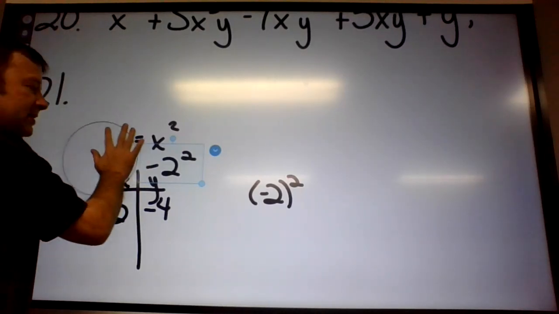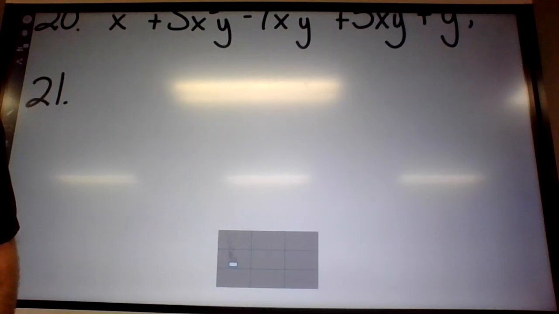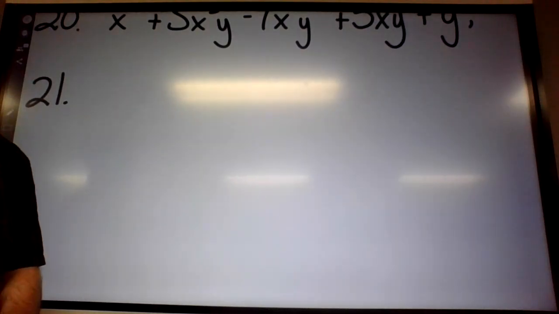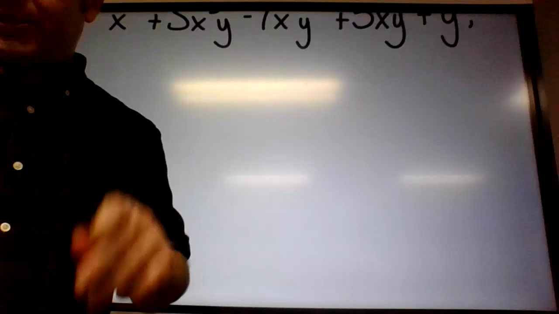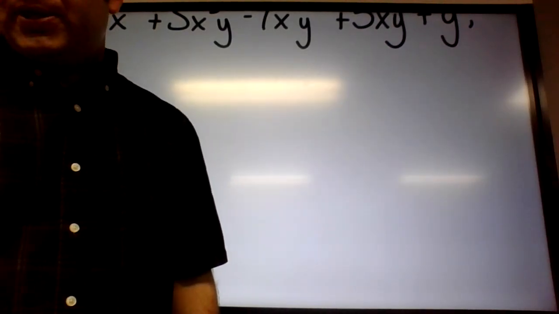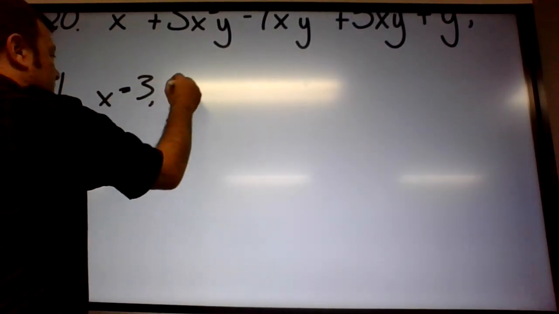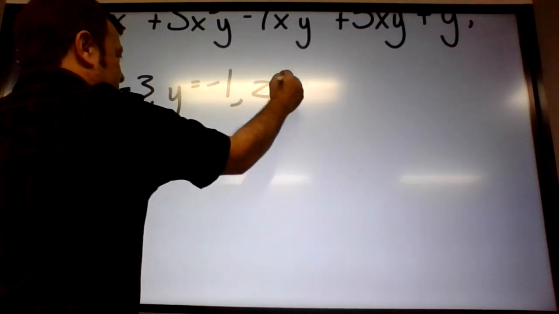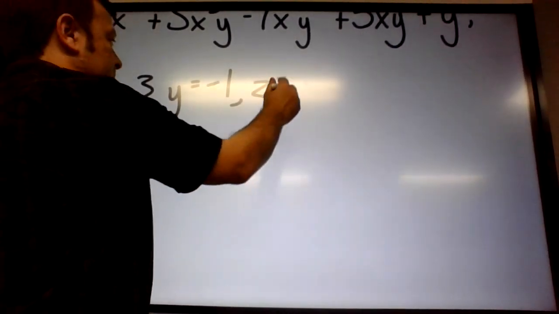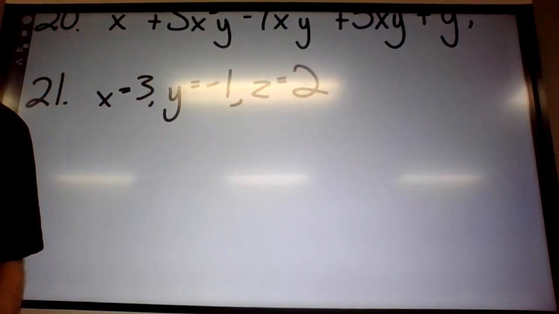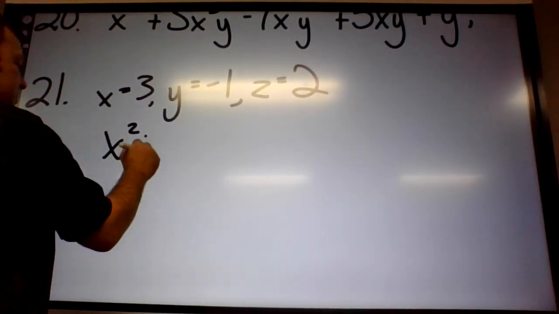Anyways, that's the only thing we have to worry about in this last section too. That kind of screwed your graph up on the back page. A few people got it right, like I said. Okay, x equals 3, y equals 2. You can use your calculator on this, but you just have to watch out for squaring negatives. X squared plus 4z minus 8.